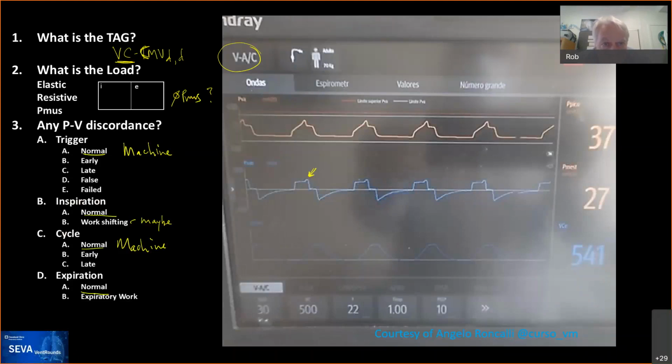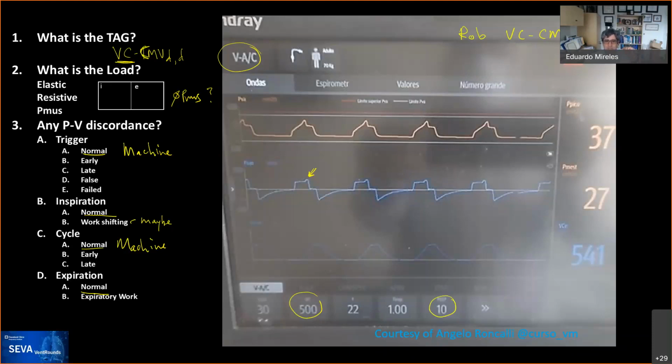What do you think? Actually, this is going to be kind of cool. So Rob's take is that this is VC-CMV with dual targeting, triggered by PMUS, right? The comment that came in from the internet was, if you notice, this patient is at a set tidal volume of 500 with a PEEP of 10.